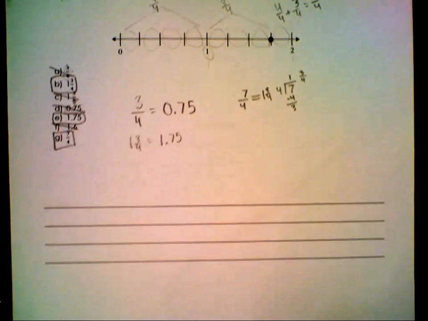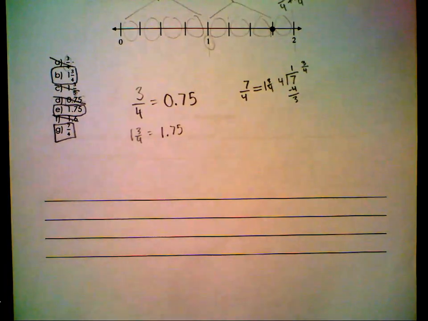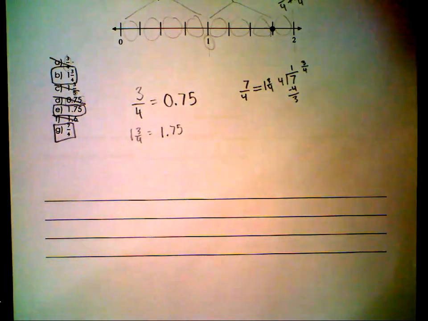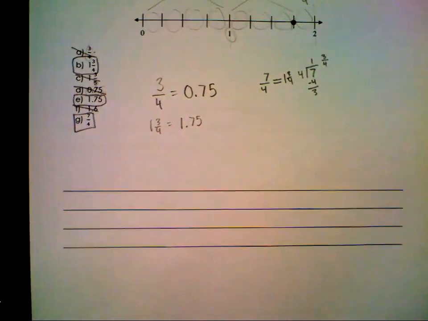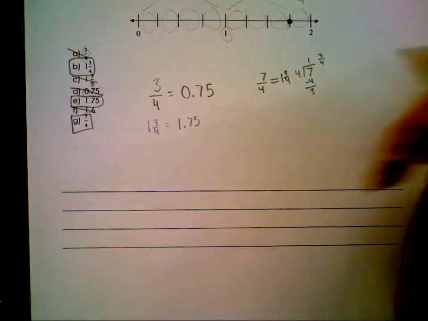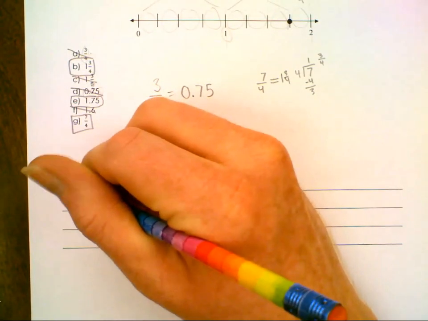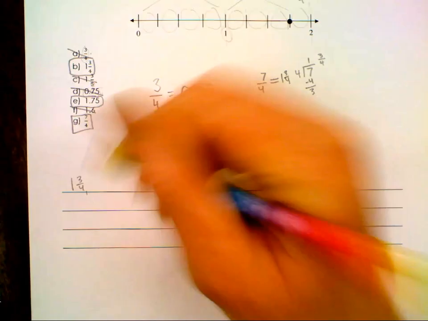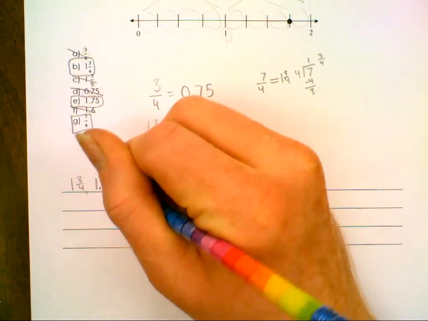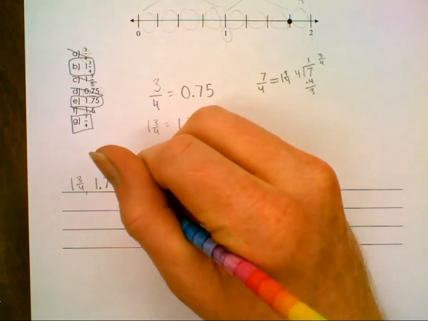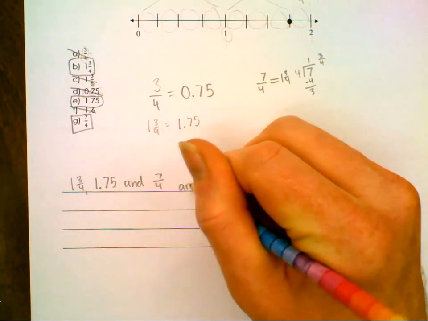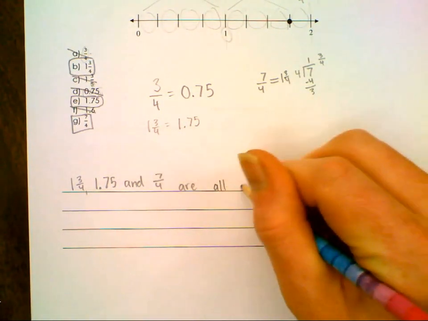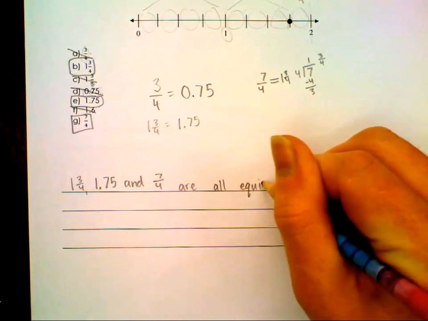So now for my written response, I can include what I determined there. And I've explained a lot of it verbally already to you, but I'll go ahead and write that. So 1 3/4, 1 75/100, and 7/4 are all equivalent, which means that they have the same value.